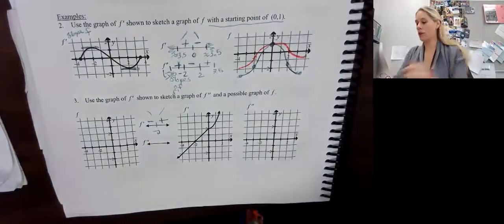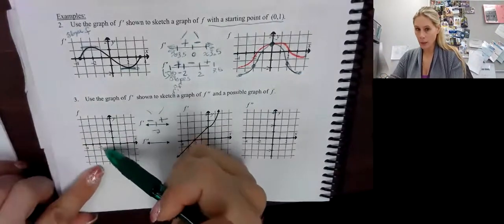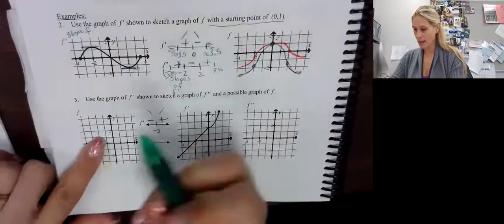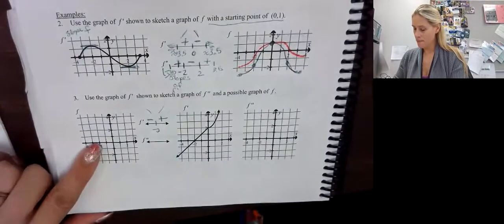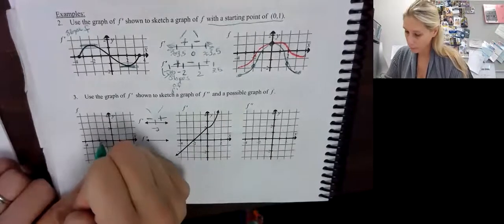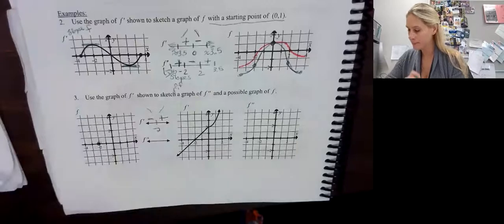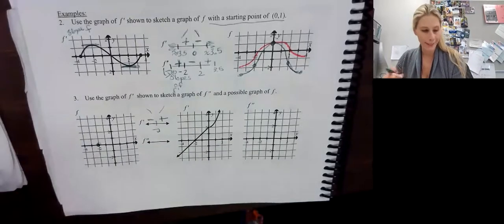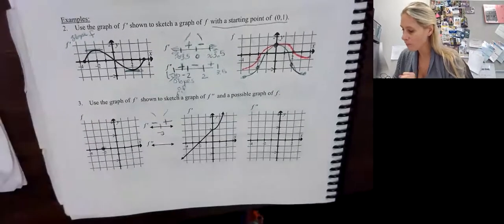I also know that the slope, now, I could put it anywhere here. I don't have to put it there, but I am, just for now. It could be anywhere on here, because it doesn't tell me what point this actually goes to. It could be shifted up or down.